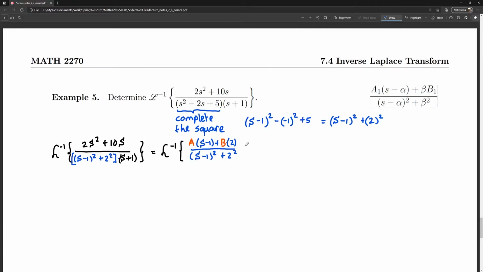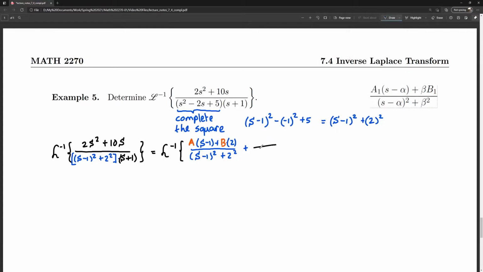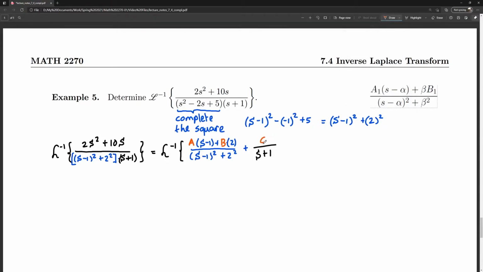And then we're going to add to that s plus 1 in the denominator. And then there's just a constant in the numerator, and we'll call that constant c. So we can, at this point, figure out what A, B, and C are, and then break it down later.